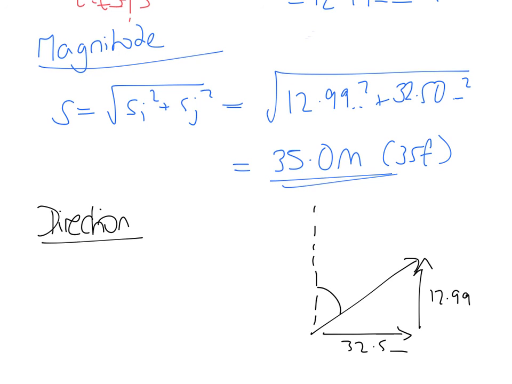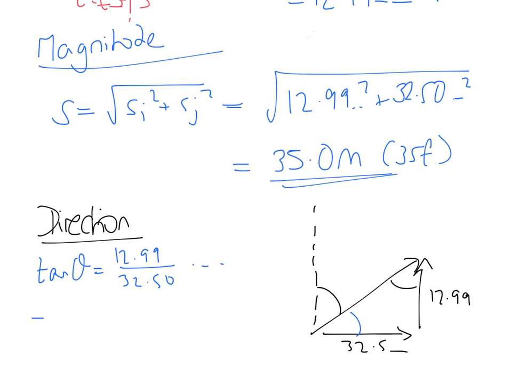So we've got two options here. The more eagle-eyed of you will spot that that angle is the same as that angle, so I could calculate that angle. I'm going to go a slightly more roundabout way of doing it and calculate this angle. So using your SOHCAHTOA rules, you know it's the opposite over the adjacent, so 12.99 over 32.50 blah blah blah.